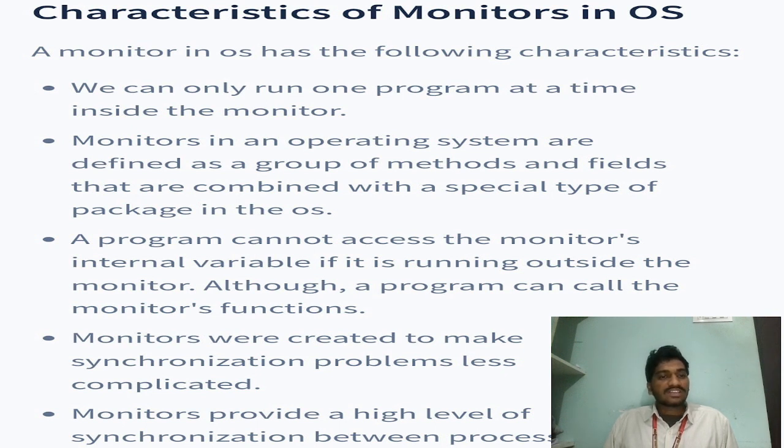The next point: monitors in an operating system are defined as a group of methods and fields that are combined within a special type of package in the OS. And next, a program cannot access the monitor's internal variables if it is running outside the monitor, although a program can call the monitor's functions. And next, monitors were created to make synchronization problems less complicated. These monitors provide a high level of synchronization between processes.